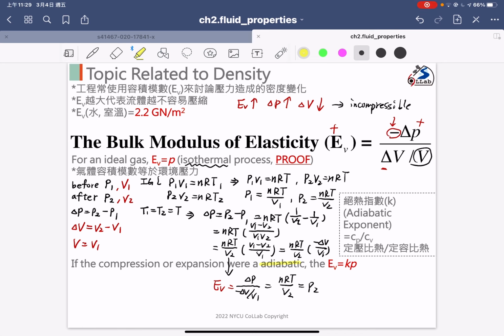That means the heat energy doesn't change along the interface. In that case, the bulk modulus will equal K multiplied by the environment pressure, where K is the adiabatic exponent I introduced on the previous slide. So the two most important equations are EV equals P and EV equals KP, under different processes.